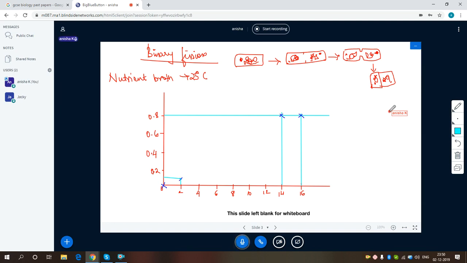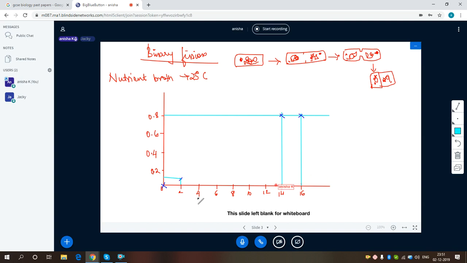So can you tell me which one will be? They have given the second one, fourth one, for time 4 hours. For 4 hours, what is the observed absorbance? For 14 hours, 16 hours and 2 hours, they have already marked. What value can you see? 0.10.